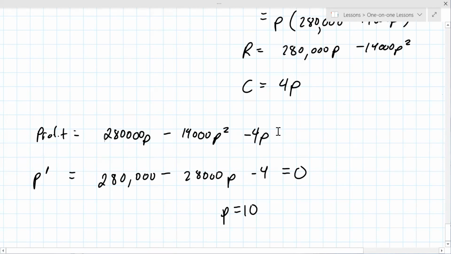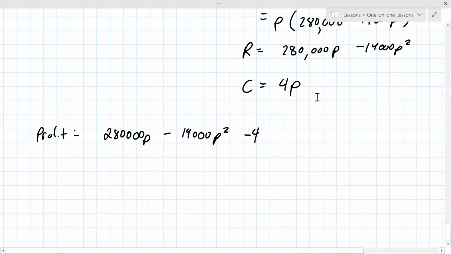I'm sorry. We're going to just backtrack slightly. The cost is not 4P, it's 4Q. Okay. And Q is given as 280,000 minus 14,000 P. So this changes things a bit here.